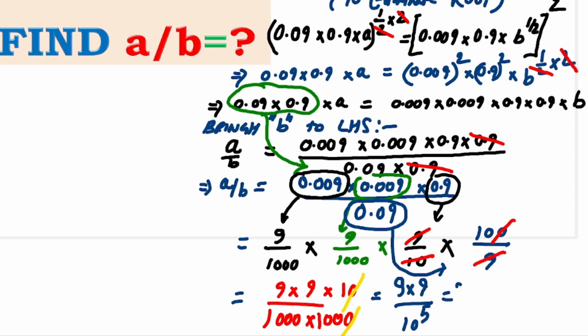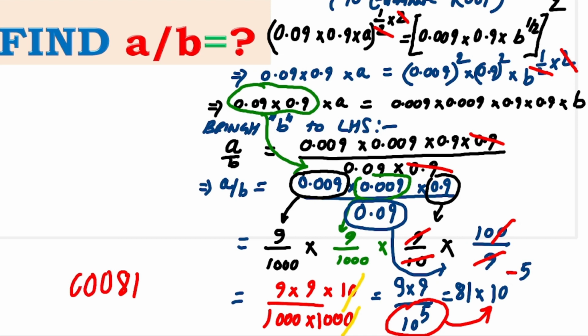So 10 to the power 5 will be in the denominator, and we are left with 81 into 10 to the power minus 5, because when we pull the 10 to the power 5 from the denominator into the numerator, the sign of the exponent will change. So 81 by 10 to the power 5 will be equal to 81 into 10 to the power minus 5. We can see the decimal after 81 is 81.0, so we will shift the decimal 5 places to the left.